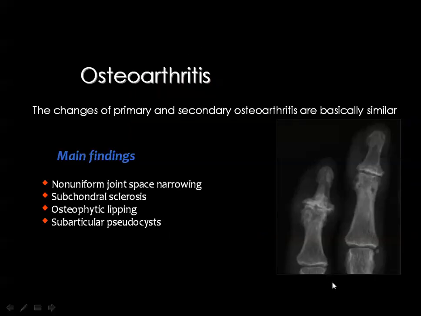And here are the manifestations by radiography. In any type of osteoarthritis, of course, as you all know, there is joint space narrowing, subarticular or subchondral bone sclerosis, and osteophytic lipping of the articular surfaces. In advanced cases, you can see subarticular pseudocystic changes, as you can see, these small radiolucent cysts.